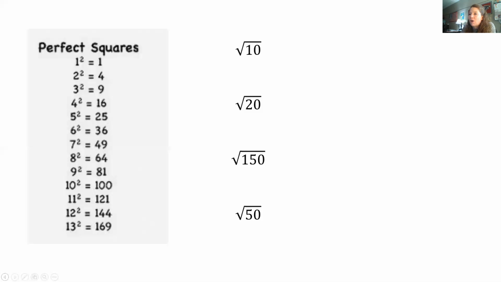Now, these are all imperfect squares, which means they're all irrational. All non-perfect squares are irrational, but we can estimate the answer, okay? So if we had a number line, and I started with 0, 1, 2, 3, let's go a little bit higher, 4, 5.